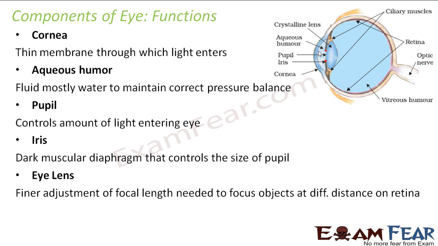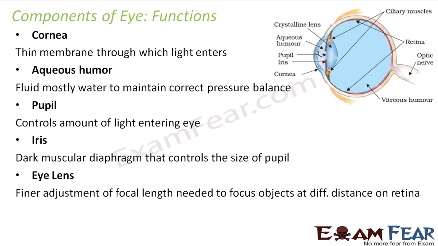You had seen in the previous lesson that as the object distance changes, the image distance also changes. As u changes, v also changes as per the lens formula, right? But if you want the image distance to always remain the same while the object distance is varying, what is the other factor that controls it? The other factor is the focal length.